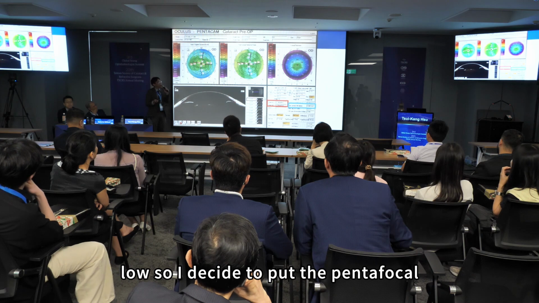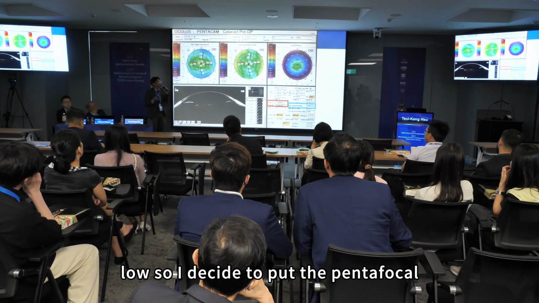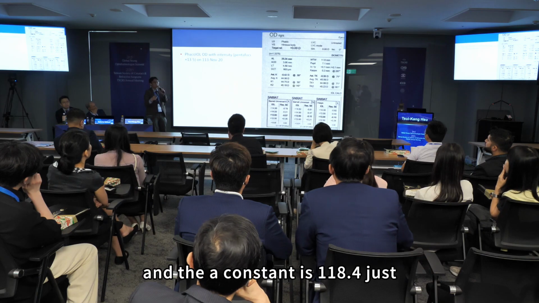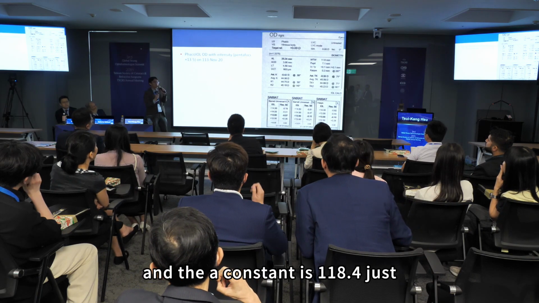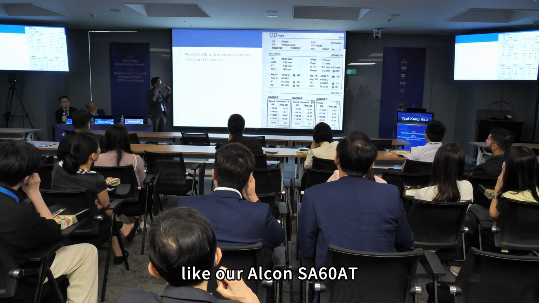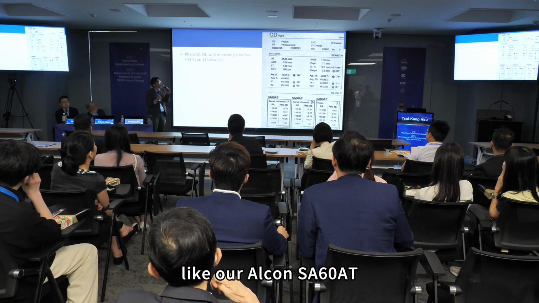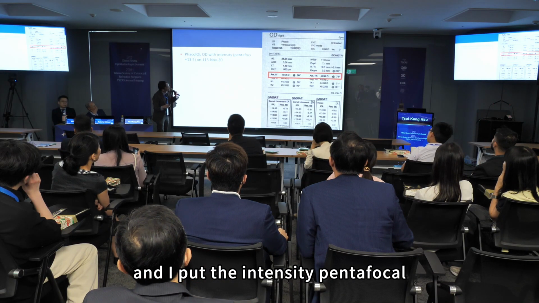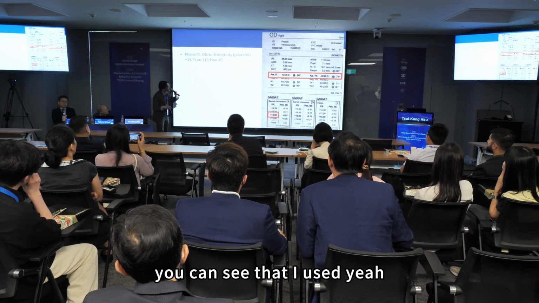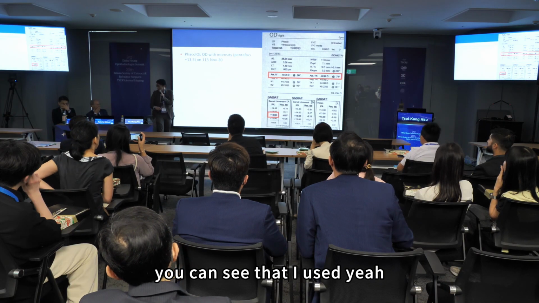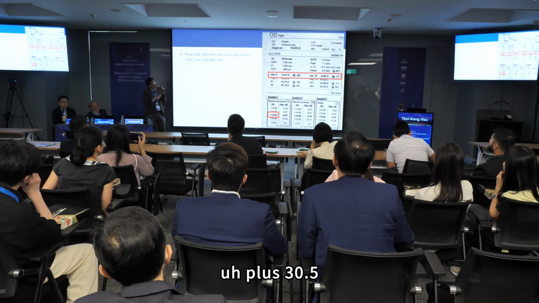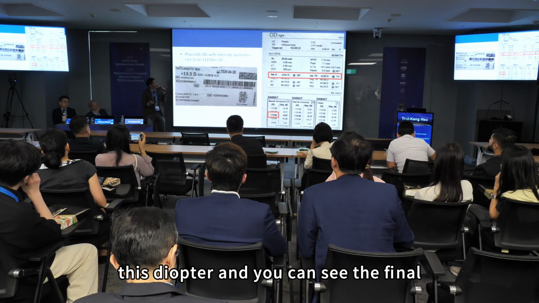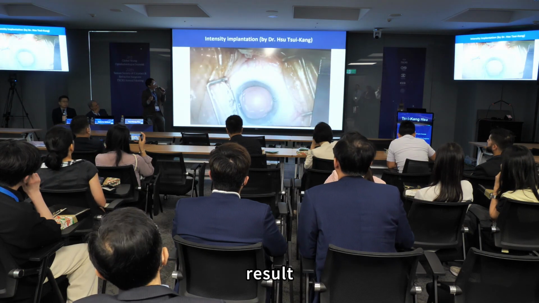So I decided to implant the pentafocal Intensity. The A constant is 118.4, just like our Alcon SA60AT. And I used plus 30.5 diopter, and you can see the final result.